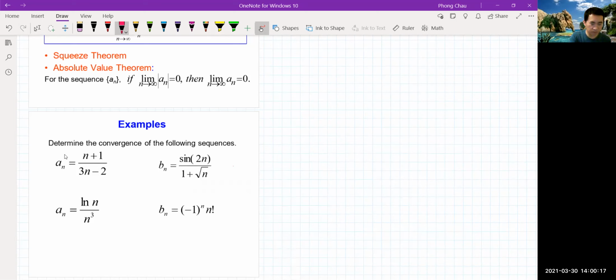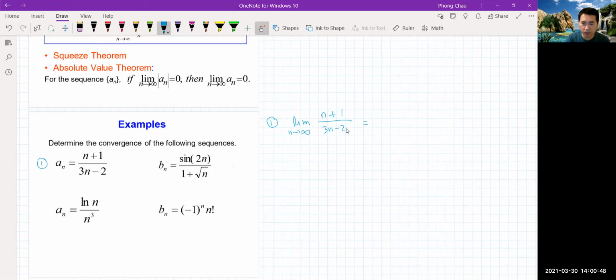If you look at the first one here, let's determine the convergence of this sequence. All I do is take the limit of n plus 1 over 3n minus 2 as n goes to infinity. Now this is the case where the top and bottom both go to infinity.